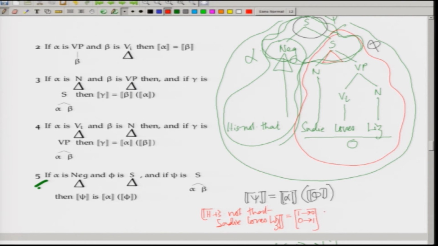We know that this is 0, so 0 is taken to 1, 0 is mapped to 1. So the truth value of "it is not the case that Sadie loves Liz" will be 1 in our model.